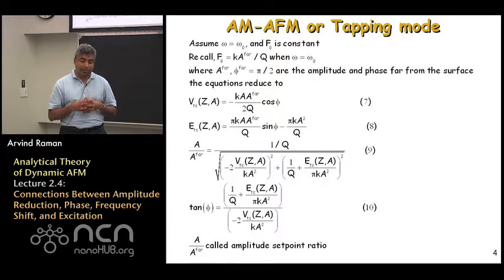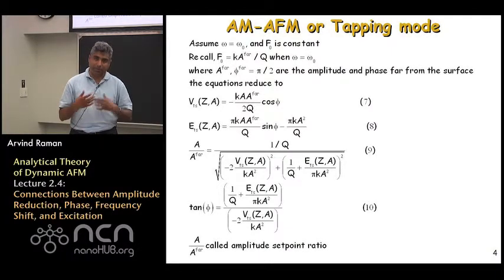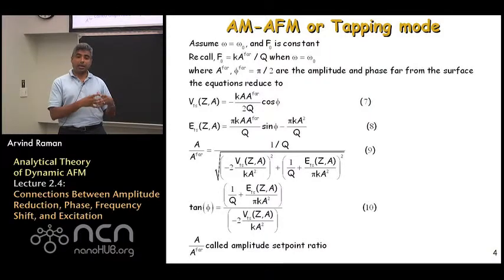Now, in these conditions, recall that we derived a result for directly excited cantilevers far from a sample, without tip-sample interactions: F naught, the magnitude of the excitation force, must equal K times amplitude divided by Q. In this case, the amplitude is the one that you choose to oscillate the cantilever at far from the sample.